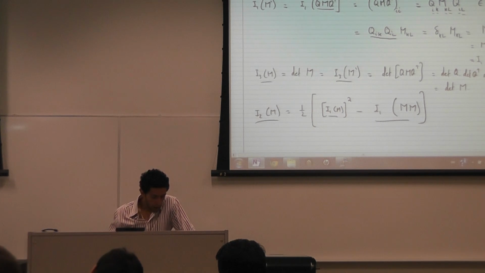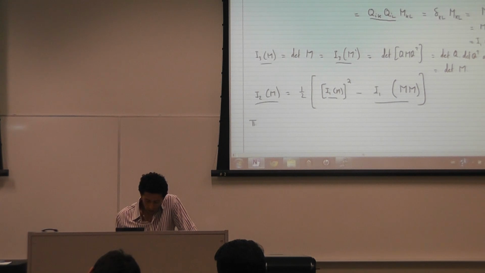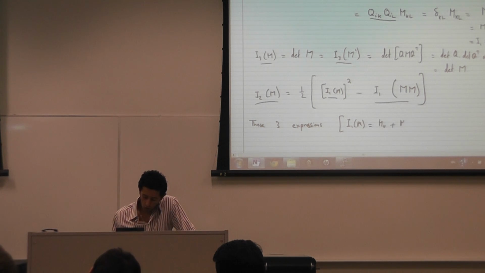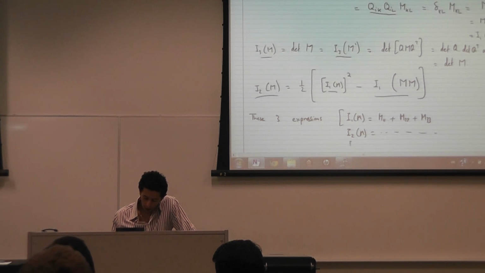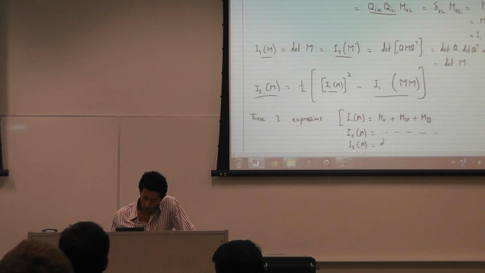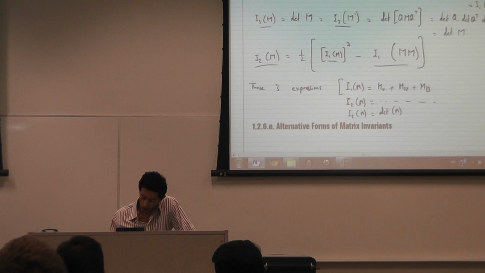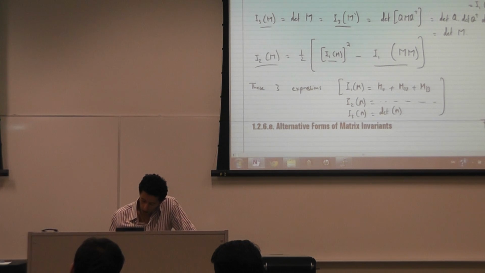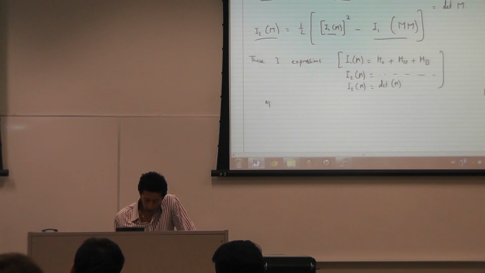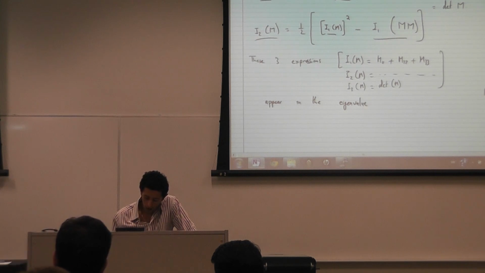Now, these three expressions, which are I1 of m, which is equal to m11 plus m22 plus m33, and I2 of m, which is a function of the components of m, and I3 of m, which is a function of the components of m, these three expressions appear in the eigenvalue problem for m.